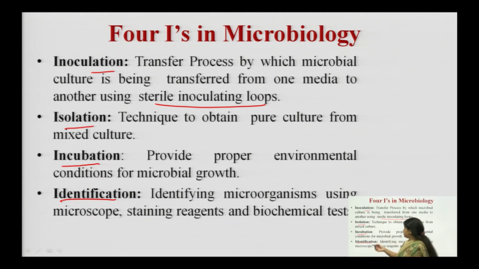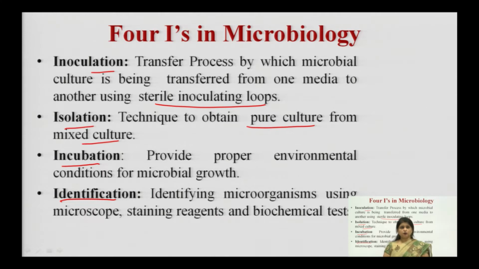Second is isolation, which means we obtain our pure cultures from mixed cultures, cultures which contain a lot of microorganisms. Samples of oil, soil, water, saliva, and air all contain a number of microorganisms. Those samples are known as mixed cultures, in which there are many species.